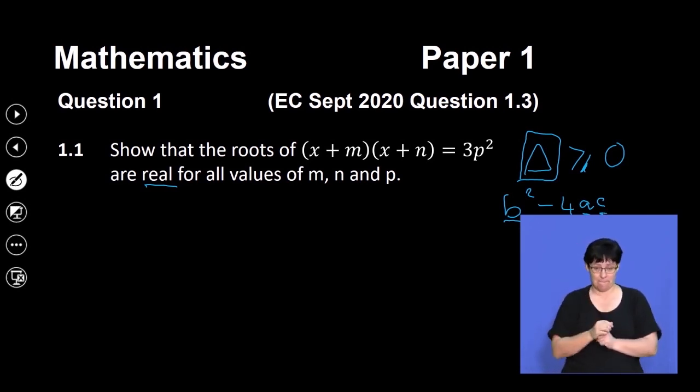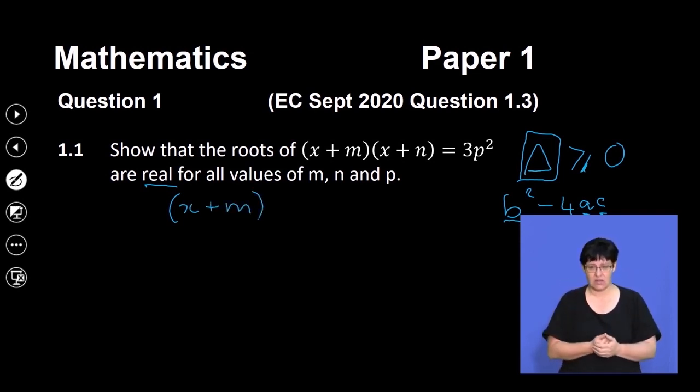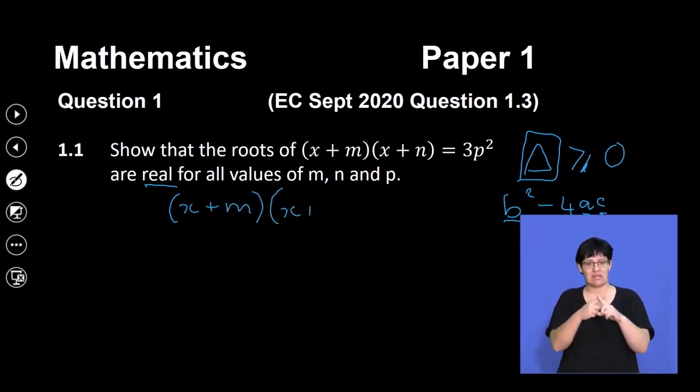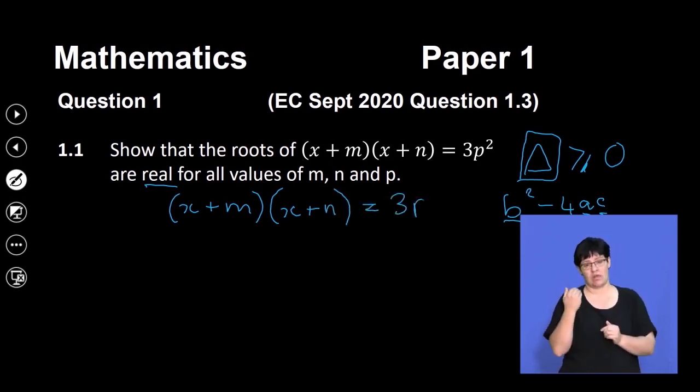To do that, we need to get this into standard form. And we can see that at the moment, it is definitely not in standard form. We're going to have to multiply everything out on the left-hand side of the equation, and we are going to have to bring the 3p² over to the left-hand side to get it into standard form. Don't forget that the variable in this is x, and m, n, and p are effectively constants.